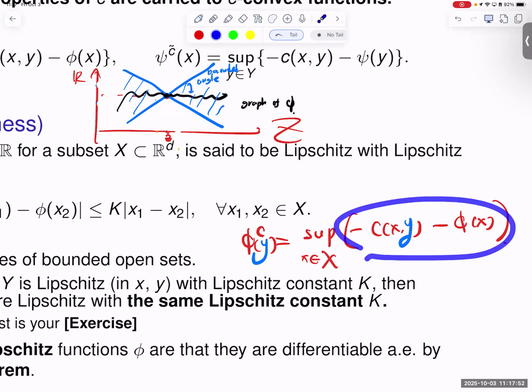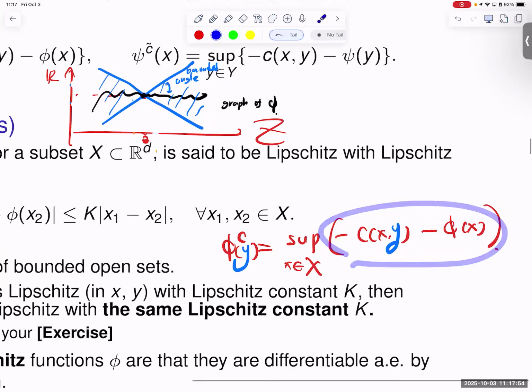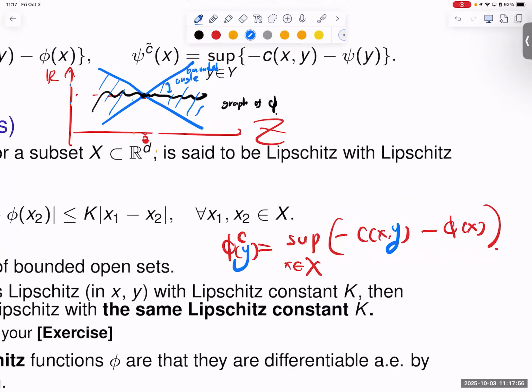So what does it look like? So each one, now as a function of y, you have some function. Let me draw it this way, so something like this, like negative c x, and as a function of y.